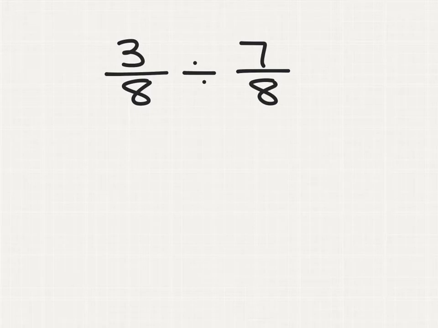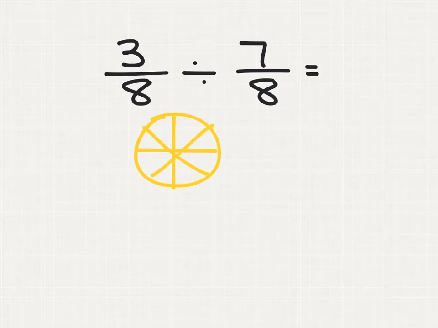Here's why we're talking about reciprocals. When we're dividing rational numbers, when we're dividing fractions, this is a pretty challenging problem to try to answer. If I tried to use a model, and I said, okay, I'm going to model 3/8 by shading in these 3 pieces right here, and then I'm going to divide this by another model.